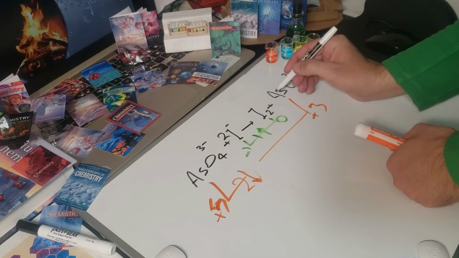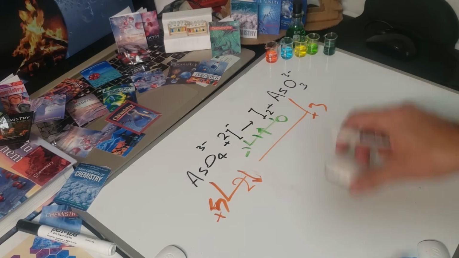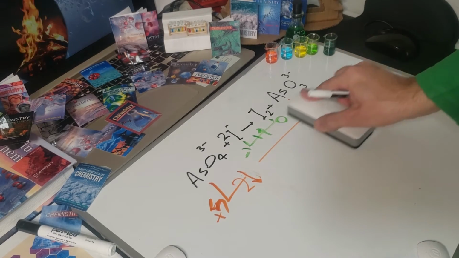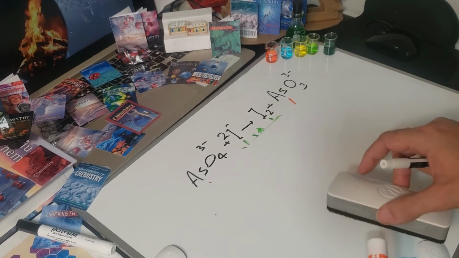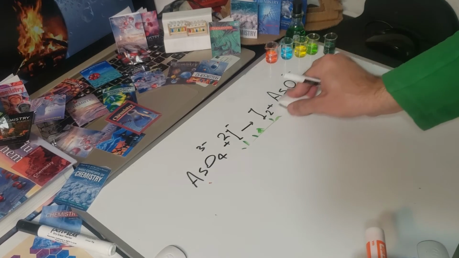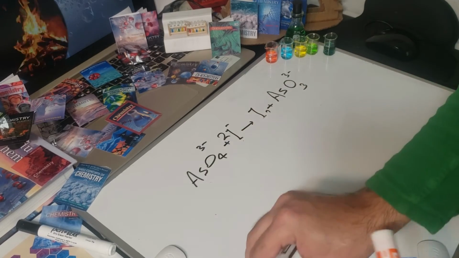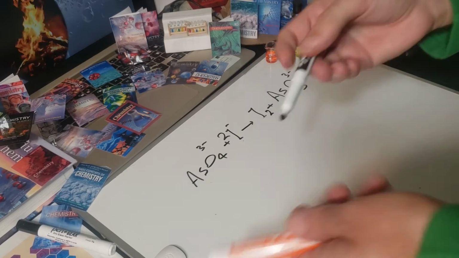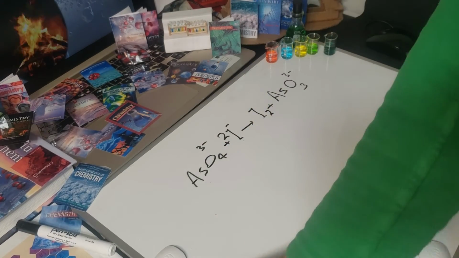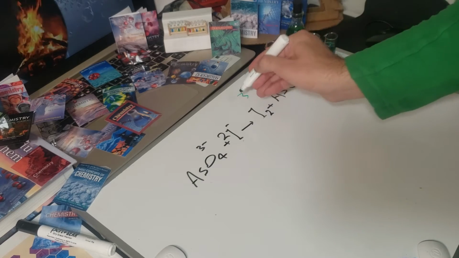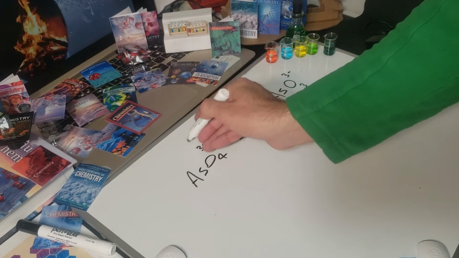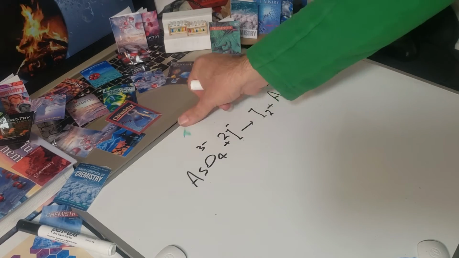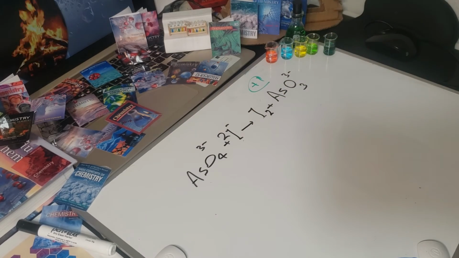We don't have any hydrogen involved, so let's just count the number of oxygens and go on. So I have 3 oxygens here, and I have 4 here, so I need 1 on this side. Okay, that's what I need.